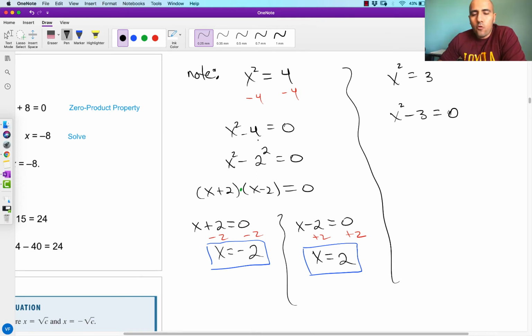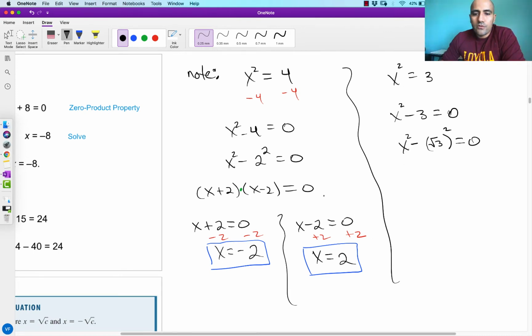And unlike 4, it's not going to result in something pretty like this one. But what we could do is kind of fudge it a little. We can rewrite it as x squared minus root 3 squared. Root 3, positive root 3, right? So this is the decimal such that when you square it, it equals positive 3. So we can have that equals 0.